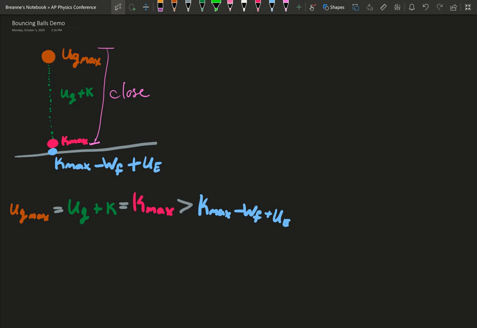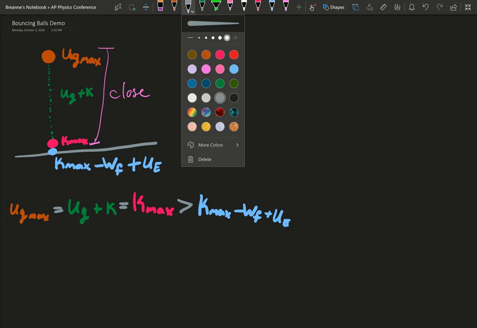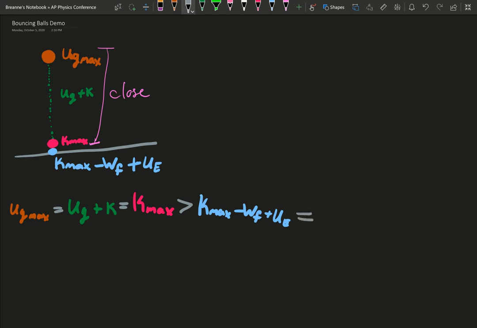All of that is going to equal, again, some kinetic, which gets turned into gravitational. But if you notice, none of those are max, because there's no way it could ever be max, because we've lost some of that due to friction.